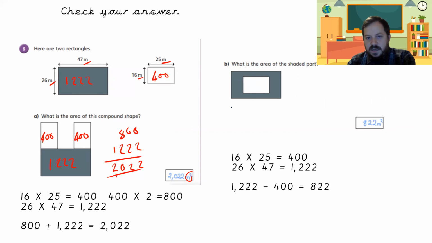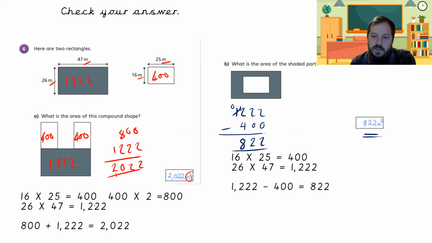So what we're doing is taking the total area, which is 1,000, and minusing our 400 from that to work out our answer. 2 minus 0 is 2, 2 minus 0 is 2, 4 minus 0, we can't do, we do 12 minus 0 is 8. Our answer, therefore, is 822 meters squared.